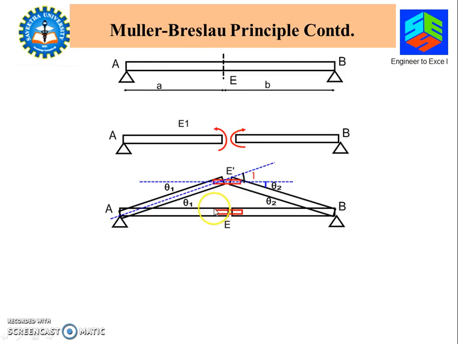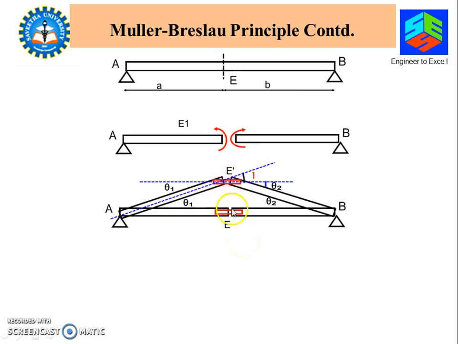You can see here it is a hinge, and we bend it upward, so it will deflect to the shape as shown here. But the one condition is that the relative rotation should be equal to 1. What is meant by relative rotation? That is the rotation theta 1 and theta 2. That is, theta 1 plus theta 2 is equal to 1, as shown here.